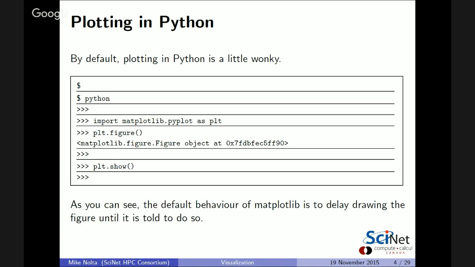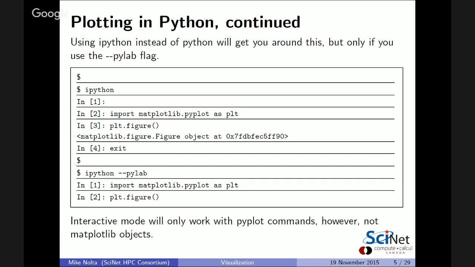So I can interact with the plot, but I can't do anything more in this terminal until I dismiss it. IPython, by default, has the same behavior. But if you pass it the --pylab option, then it will behave more interactively. Now if you make a plot, it'll just pop up right away, and you won't have to dismiss it to keep working.